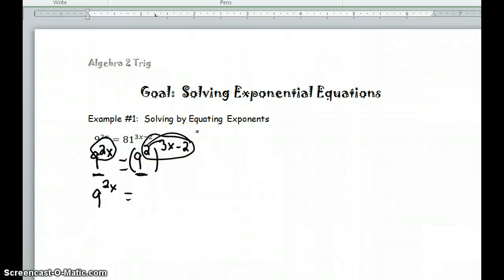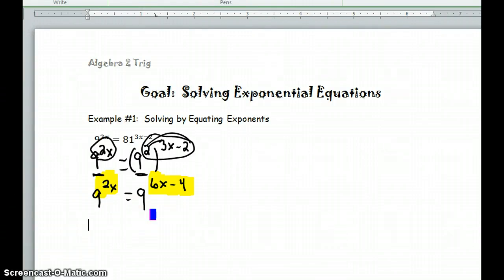And so you're distributing that. And so it's really 9 to the 6x minus 4. So we're using laws of exponents again that says if you have a power raised to a power, you multiply. And again, this 2 times x, sorry, and this 6x minus 4 have to be equal because the 9 and the 9 are equal.